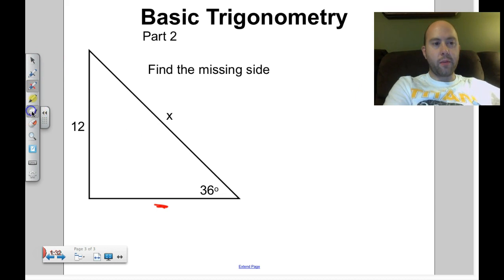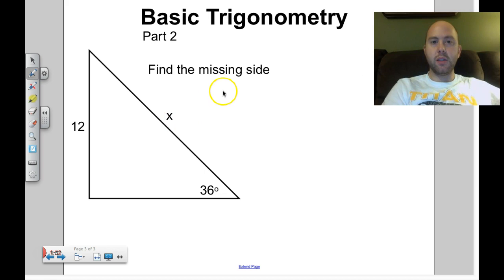So, let me erase this real quick. Since these are opposite, and this is a hypotenuse, ask yourself, which one, sine, cosine, or tangent, deals with opposites and hypotenuse?